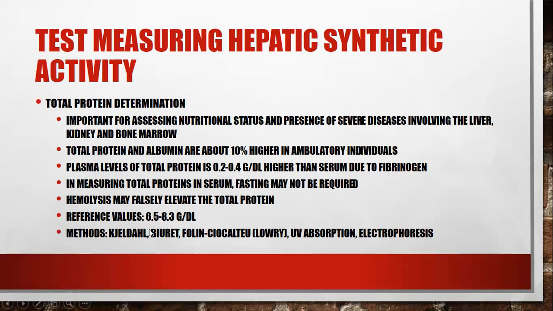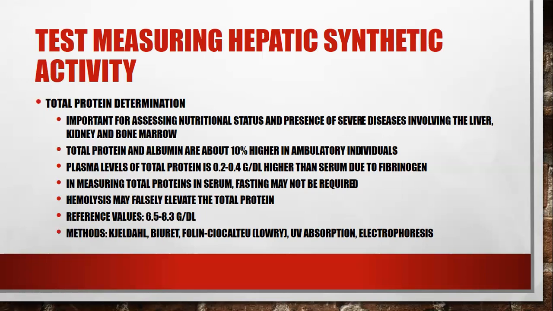Now, another method of determining total protein is by Biuret method. Okay, so Biuret method is the most widely used method. So Kjeldahl is the standard reference method. However, it is not commonly performed. Biuret method is the most widely used method for total protein determination.